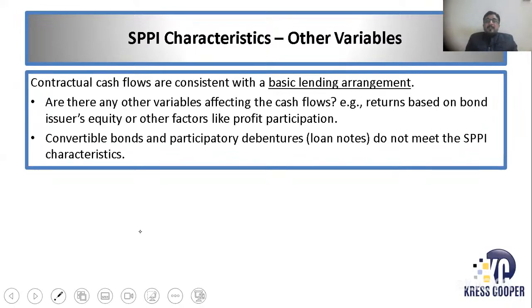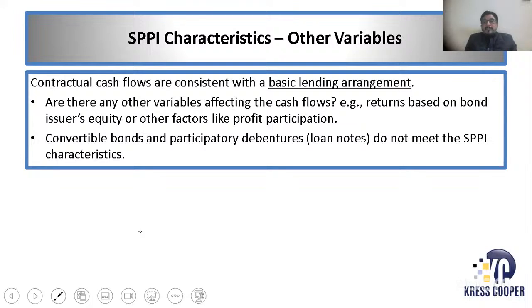There are certain other variables, which, like contractual cash flows, are consistent with some basic lending arrangements. For example, are there any other variables affecting the cash flows? For example, returns based on the issuer's activity, or other factors like profit participation? You would have this concept with you: participatory debentures or participating bonds.